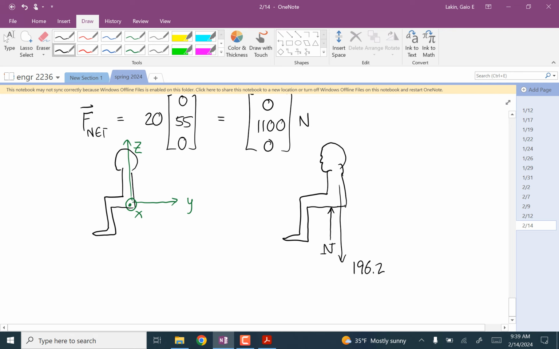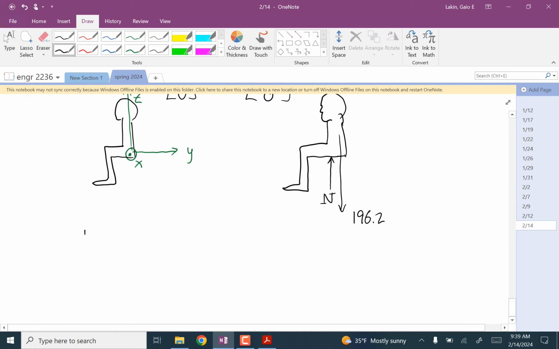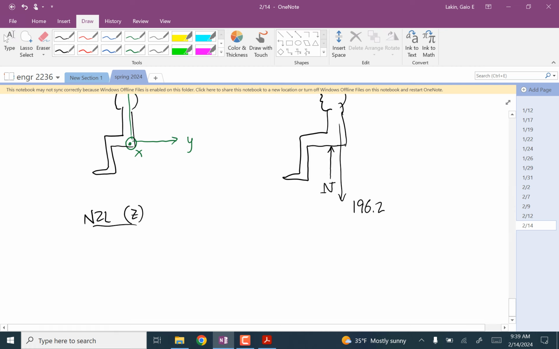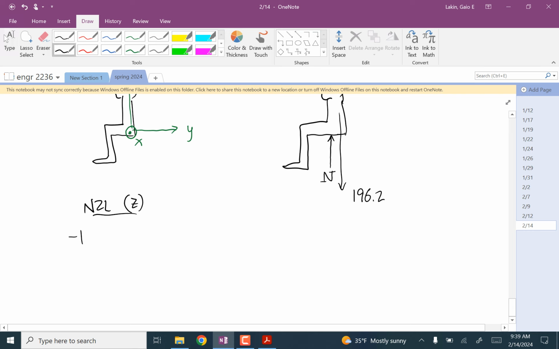Okay. And so if you think of Newton's second law in the z direction, what we have is negative 196.2 plus n is equal to the z component of F net, which we already figured out is 0. Okay? So the normal force is equal to 196.2.